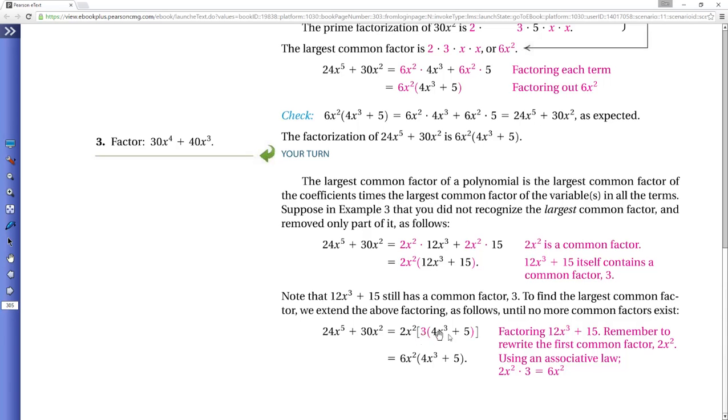Now remember our laws about multiplication. We can break the parentheses between multiplications or change the order if we need to. Those are the commutative and associative laws. So I can take this multiplication of 2x squared times 3 and get 6x squared.